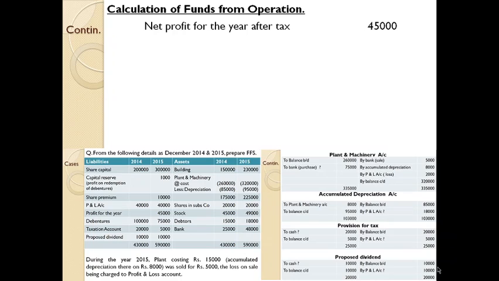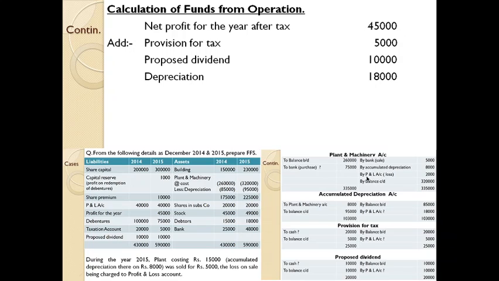First of all, let us go through the non-current accounts, and you have to go for all the P&L items: depreciations, losses, like that. Let us start with provision for tax. Here, in provision for tax, there is one by P&L amount of 5,000, that is recorded here. After that, proposed dividend, again here 10,000 is given, that amount is recorded.